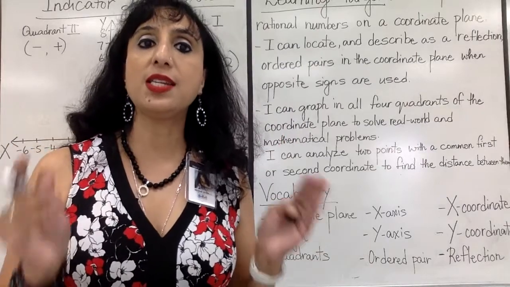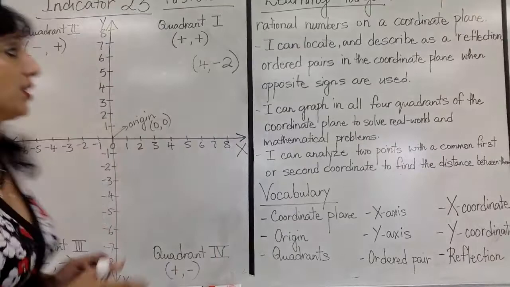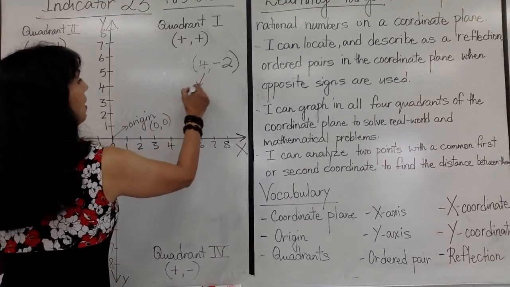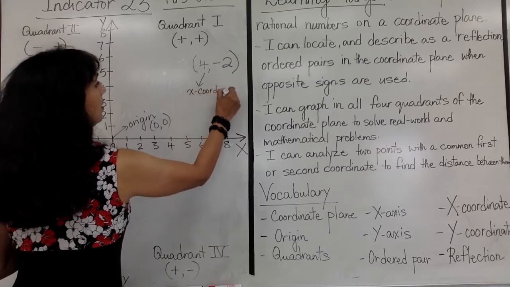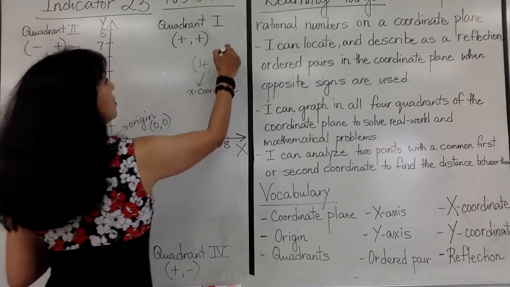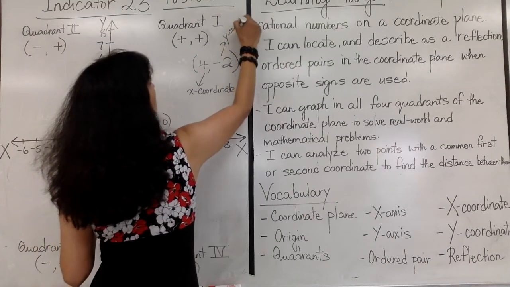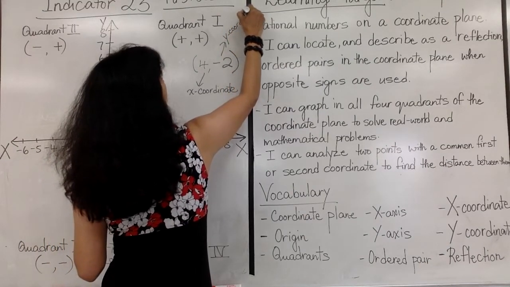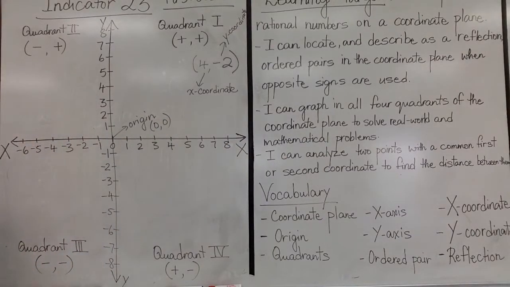So the first number in that ordered pair is your x coordinate, and the second one is always the y coordinate. This is used to locate a point in a coordinate plane.